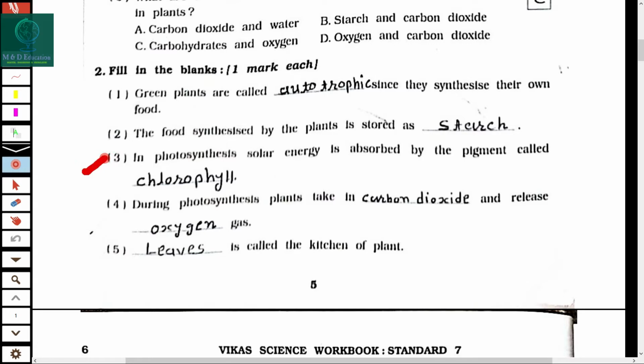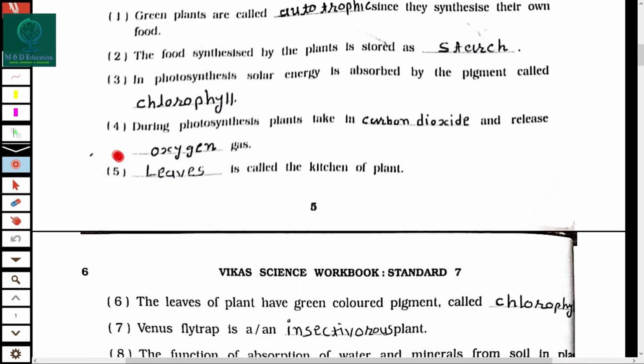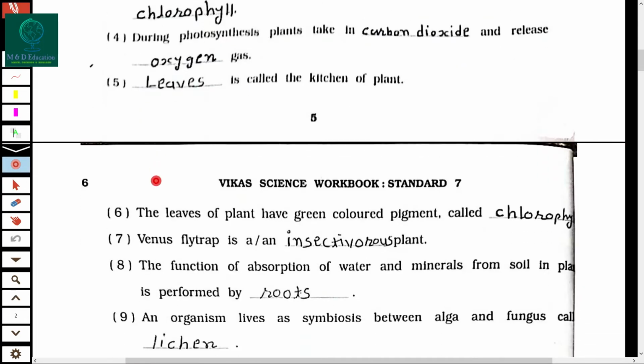Now the third blank: in photosynthesis, solar energy is absorbed by the pigment called chlorophyll. And the fourth blank is, during photosynthesis plants take in carbon dioxide and release oxygen gas. And the fifth one is, leaves are called the kitchen of a plant.